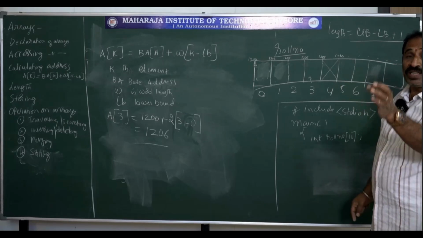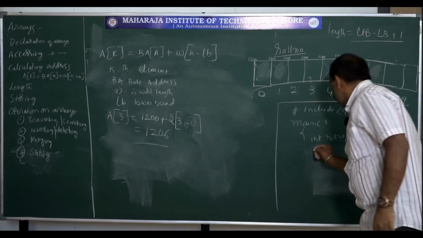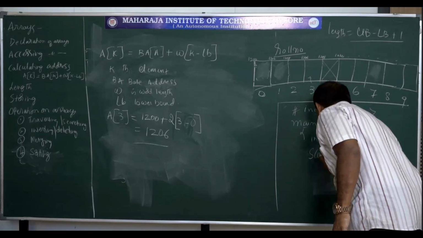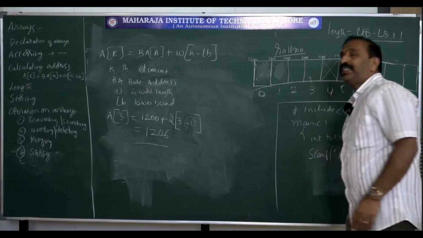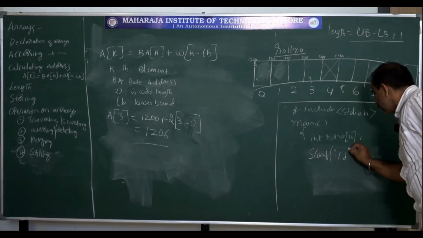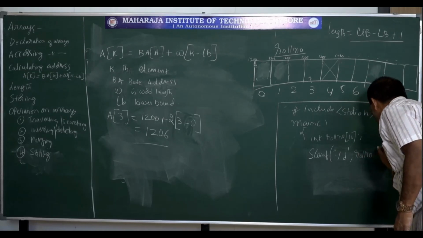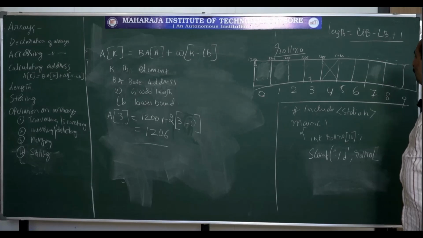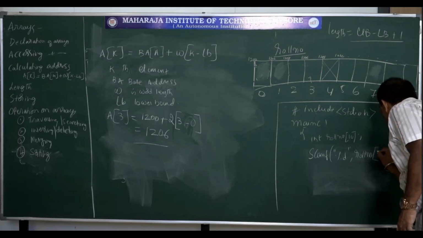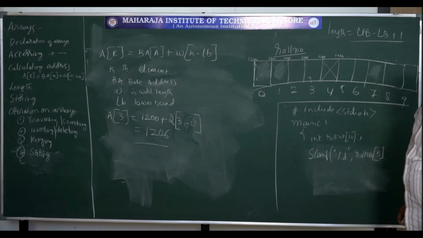As I told you, you can read using your scanf statement also. So scanf %d roll number, where you would like to read. I am interested to read and store it as the 5th element.